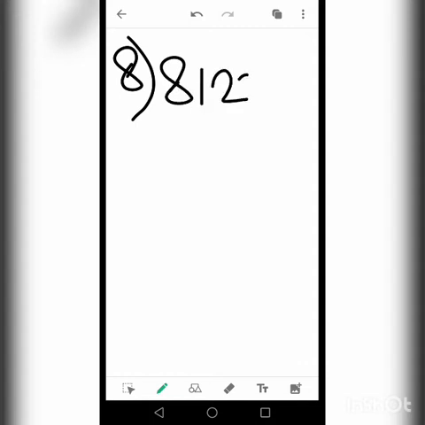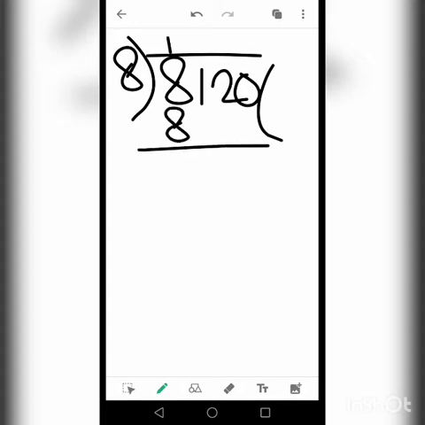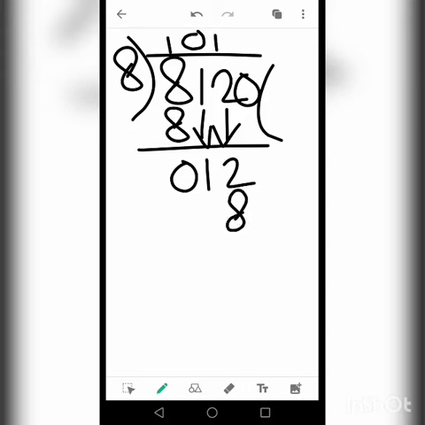Now I divide 8120 by 8. I am keeping the quotient on top. 8 ones are 8. I am putting down 1, 0 from here. It is not divisible, so putting 0 over here. Then I am putting down 12. So 8 ones are 8, then 4, 0.